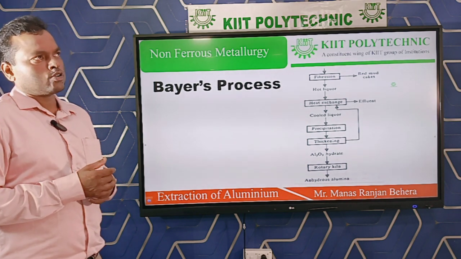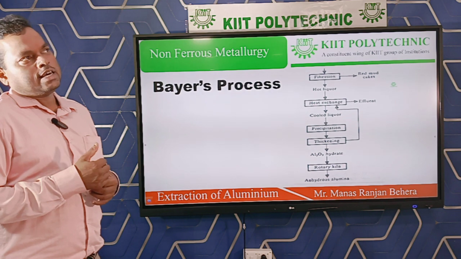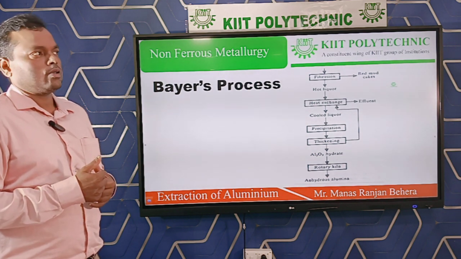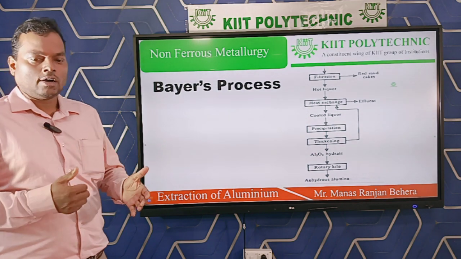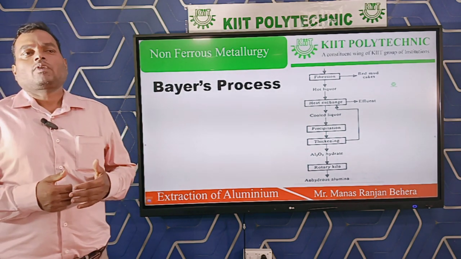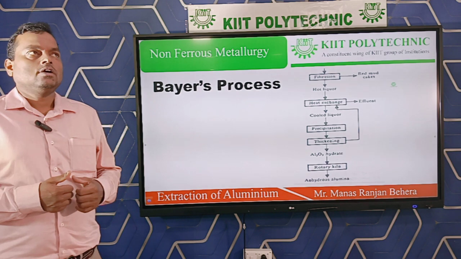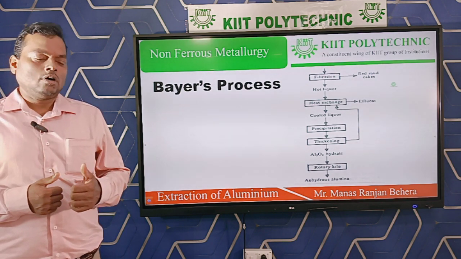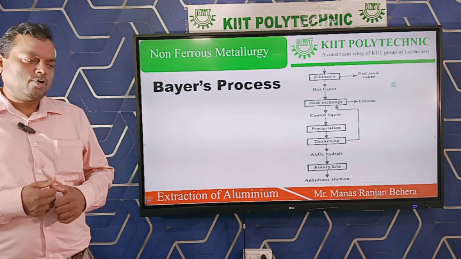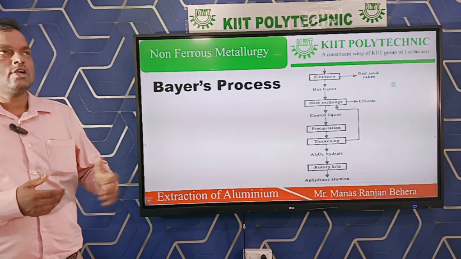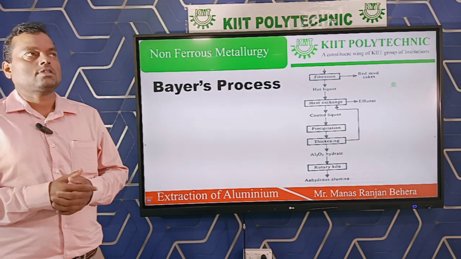In the William Hoopes process, there are important things we have to know. Number 1 is the requirements: an electrolyte, temperature, electrode, and current.